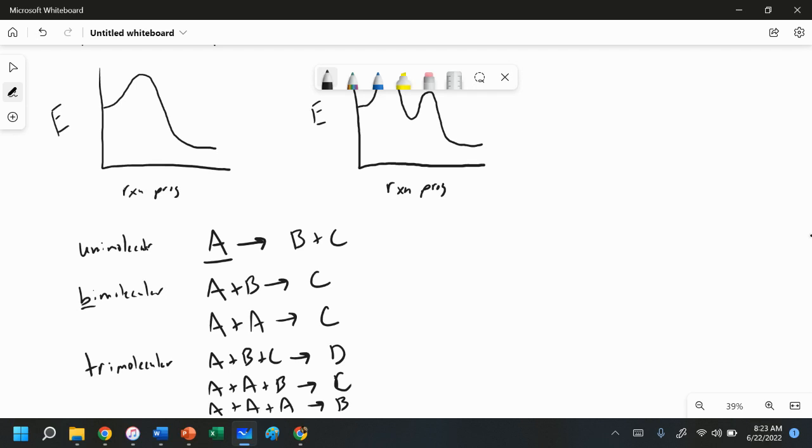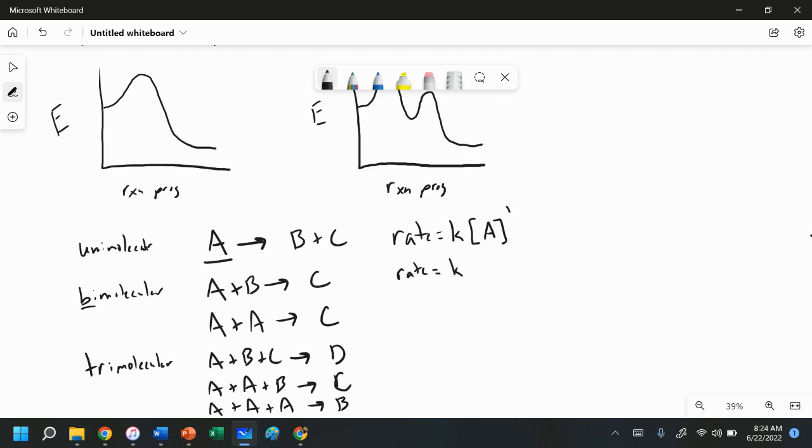So for instance, for this unimolecular reaction, the rate law would be written rate equals the rate constant times the concentration of substance A, which is the only reactant, raised to the coefficient power. So if the coefficient is 1 here, then the order would be 1.